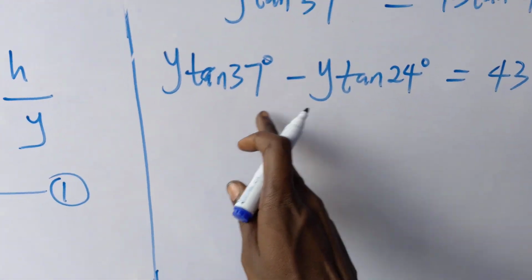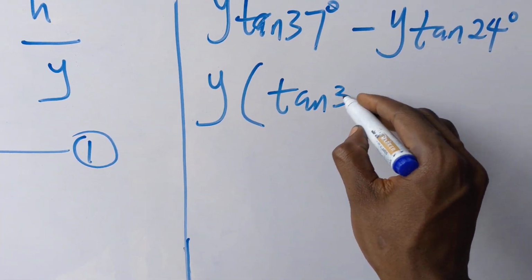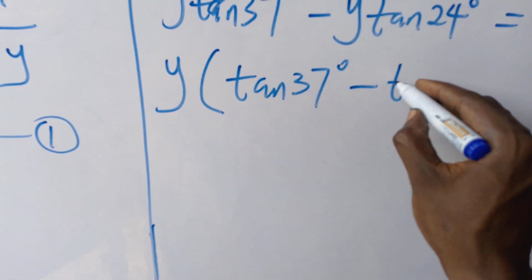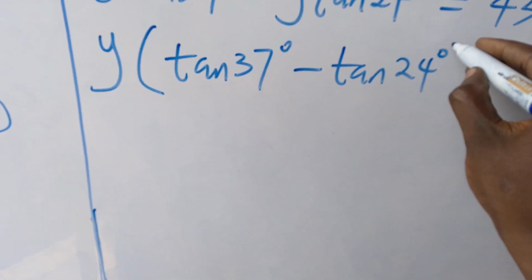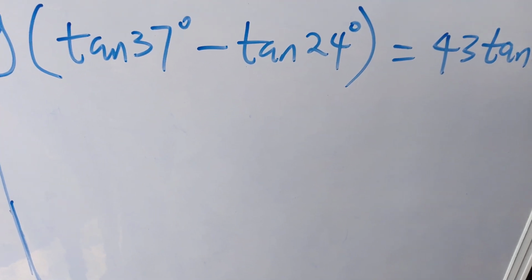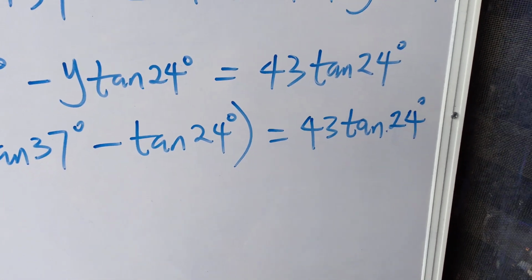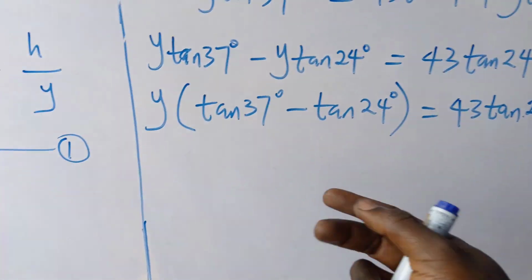So the common factor here is y. If I factorize it, I have y open bracket tan 37 degrees minus tan 24 degrees equals 43 tan 24 degrees. I'll then divide both sides by the coefficient of y.